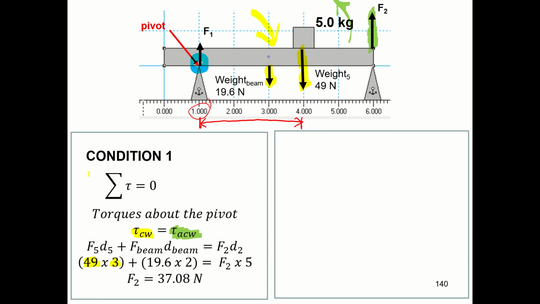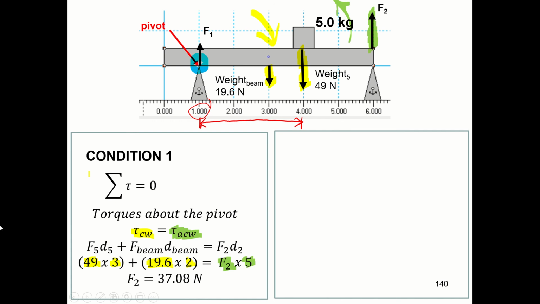And the weight of the beam is the 19.6 newtons, and that's only 2 meters away from my pivot. Both of those that I've shaded in yellow are trying to twist the whole beam clockwise. Meanwhile, the anti-clockwise torque turns out to be just that mystery F2, and that's 5 meters away from my pivot. So I've got this algebra expression, and I can solve that. It's probably easier if I do one more line of working.